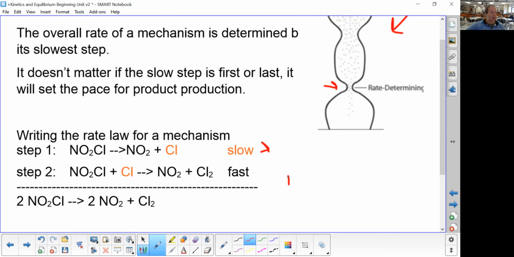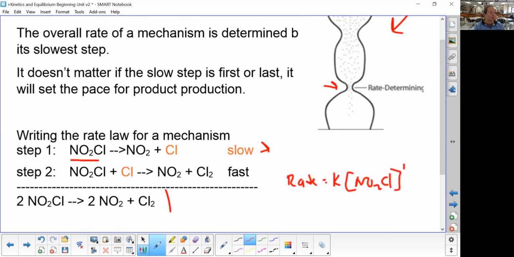So the rate law would be k times just the NO2Cl, just 1 raised to the first power, because that's the elementary reaction that determined the rate.